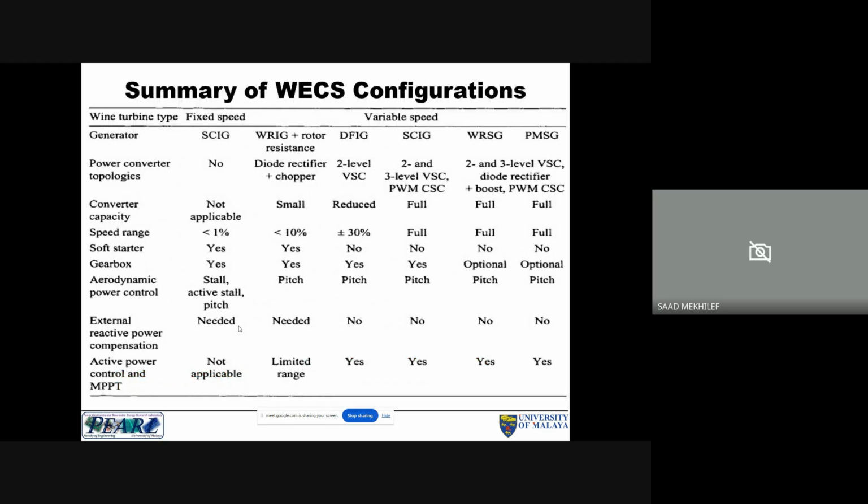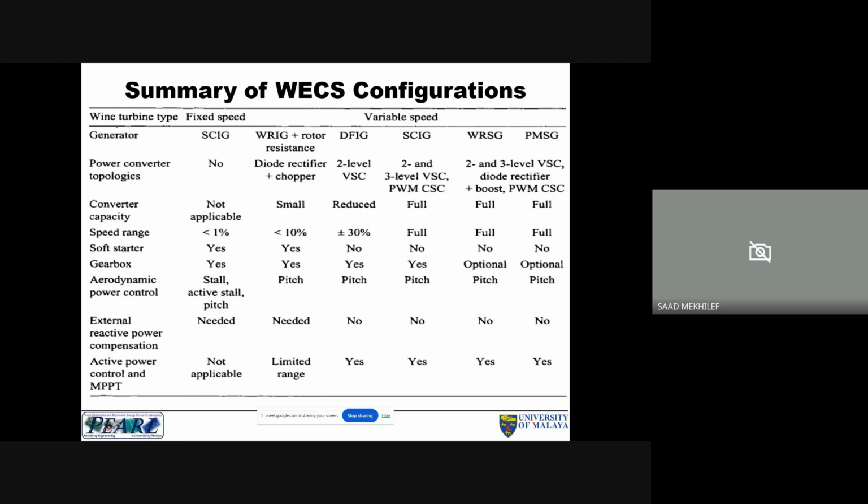Now let's go to the summary of all of those that we have seen so far, and then we can see the comparison between all these configurations and maybe give you some idea on this.